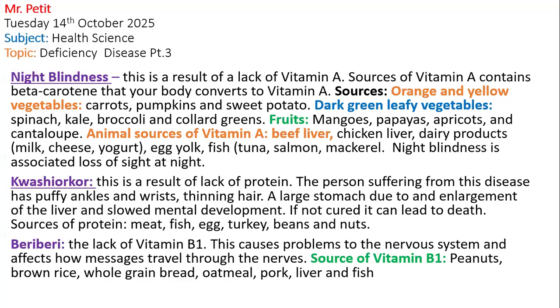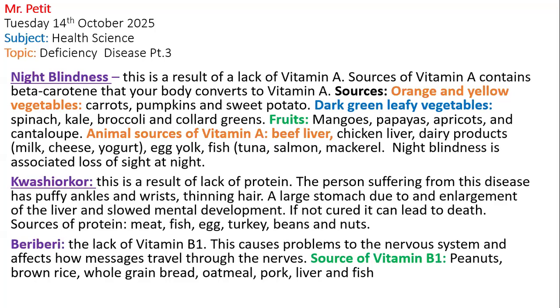Broccoli. Kale. Sweet potato, pumpkin. Very good. Spinach, collard greens, kale, broccoli. Very good. Okay, so what is the name of the deficiency disease that causes an enlarged liver?